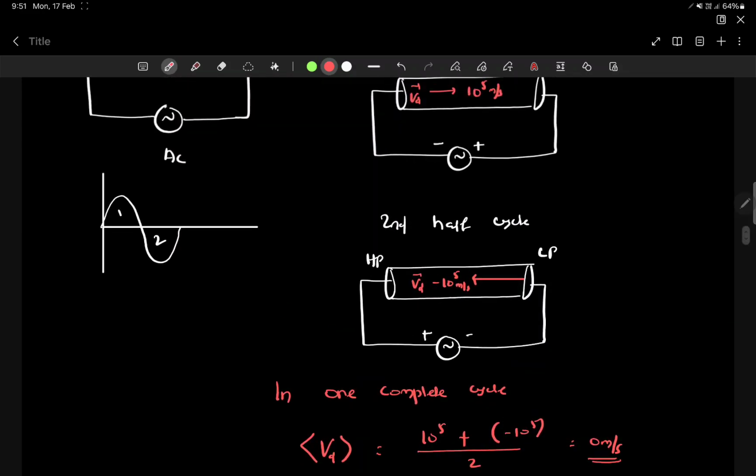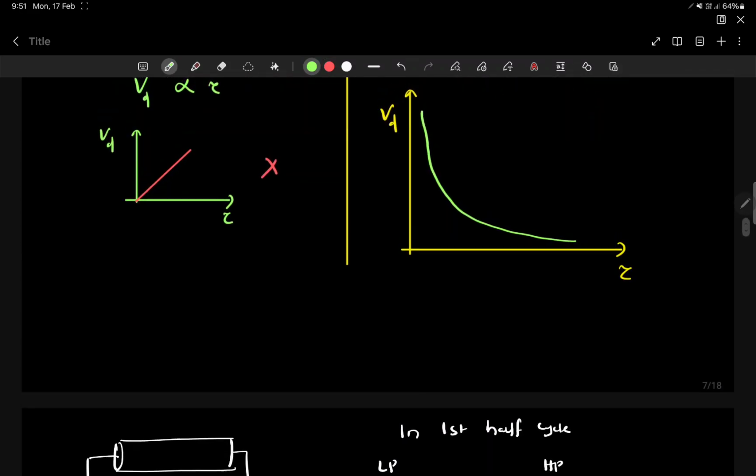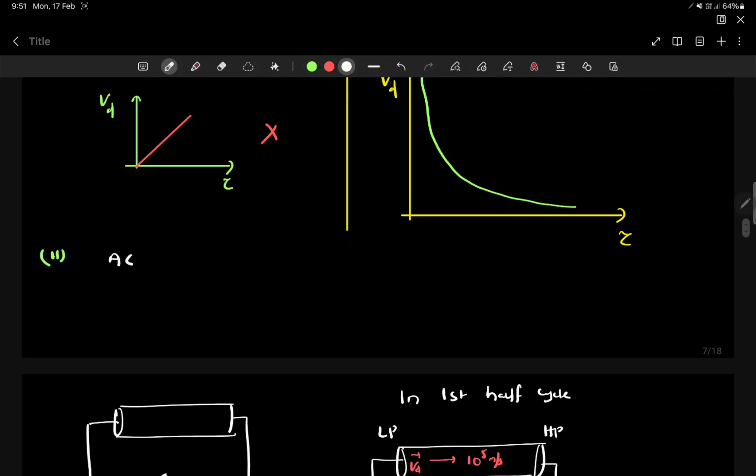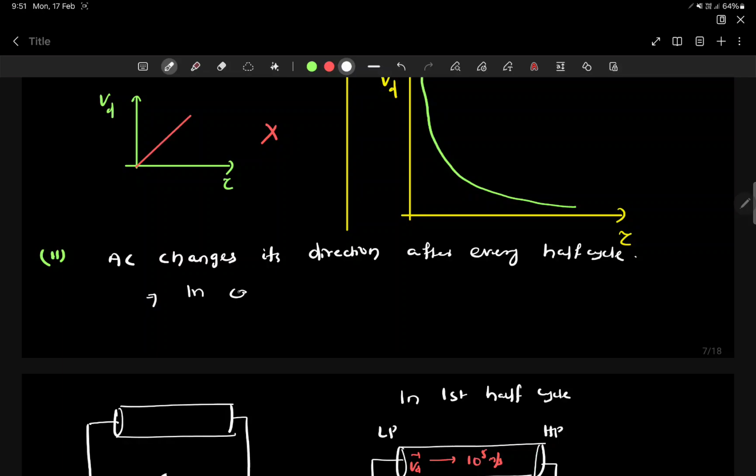Okay, so this is the explanation. What we have to write in the second bit, we can mention like this: AC changes its direction after every half cycle, which implies in one complete cycle the average drift velocity is 0.